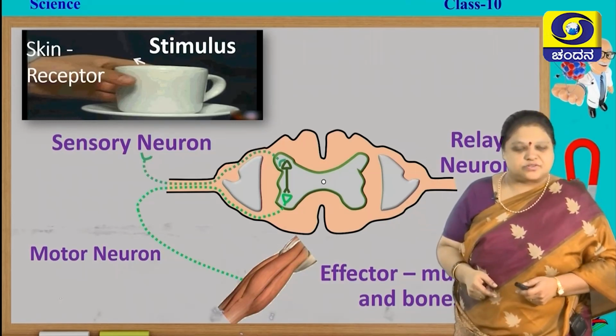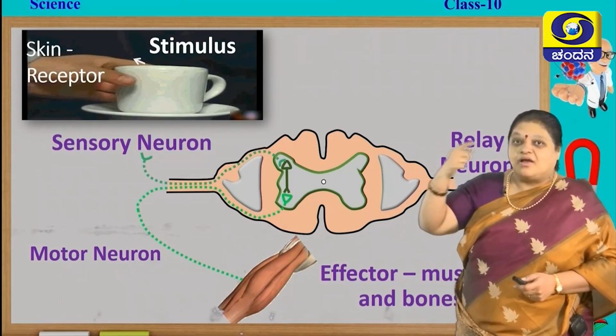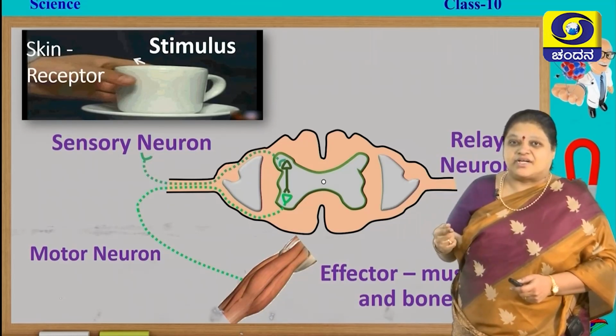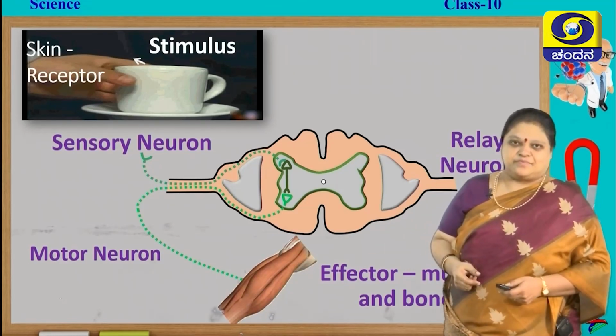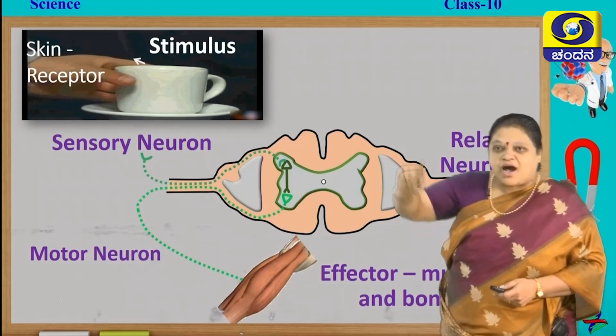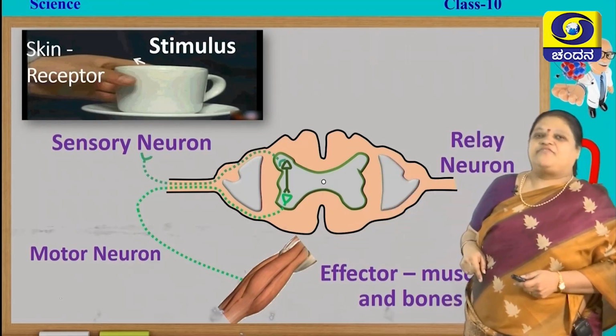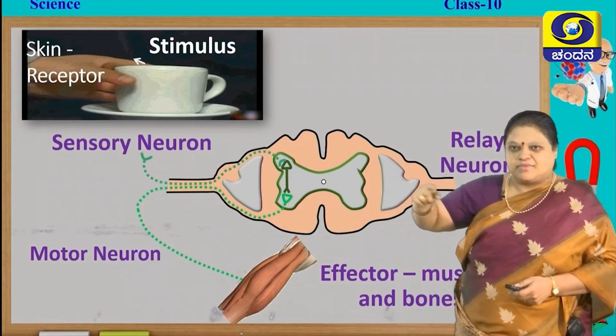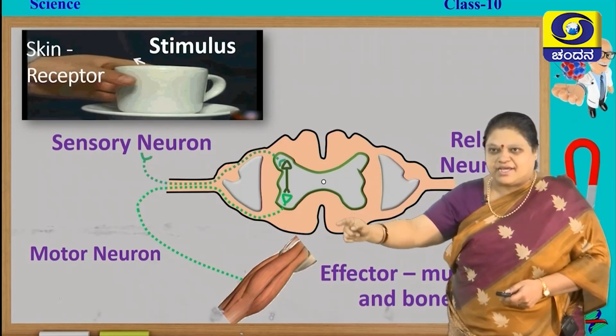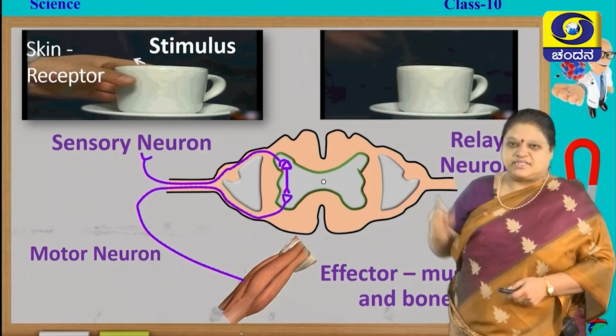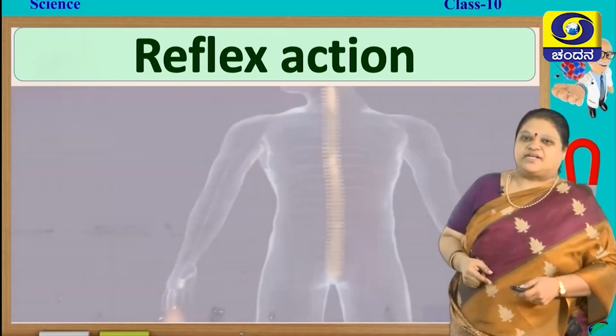All these parts work immediately, and we call it reflex action. Isn't it great? The path taken for this reflex action, from sensory neuron to relay neuron, then motor neuron, is called the reflex arc.